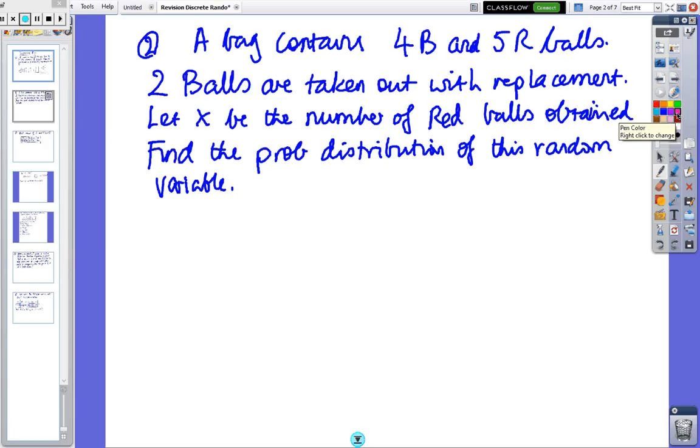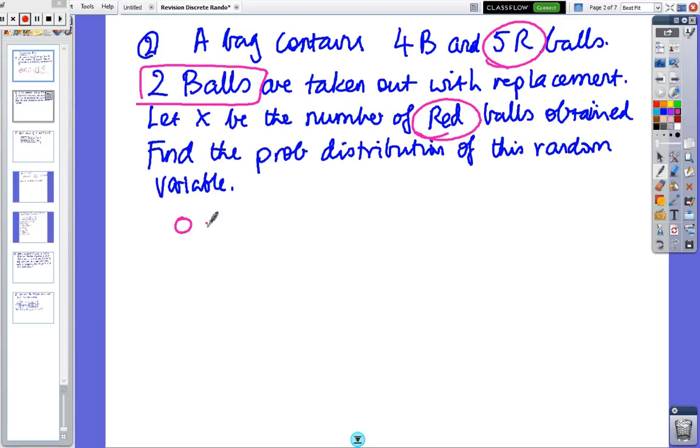Okay, you might have had a go by now. So if you want to do separate calculations, we're looking at red balls. Okay, so red's the magic color. And we are taking how many balls out? 2 balls.